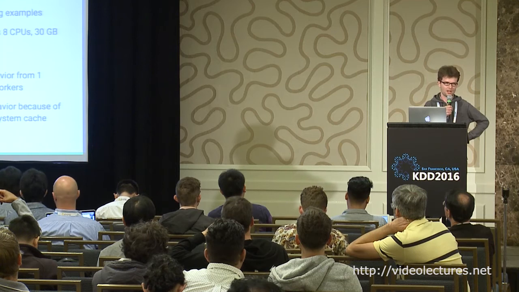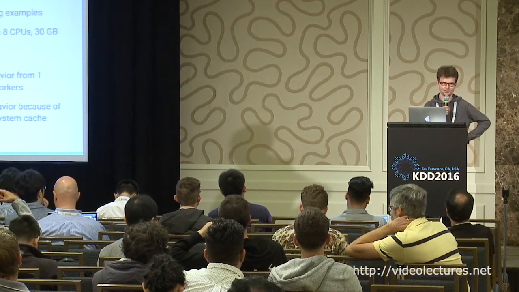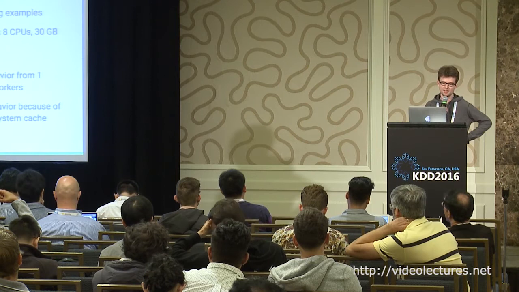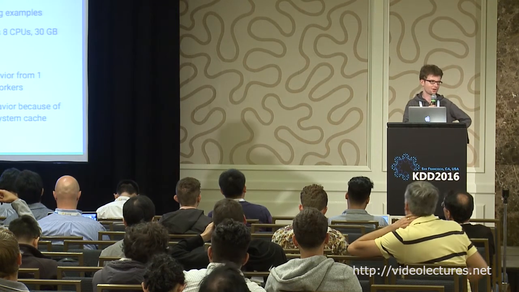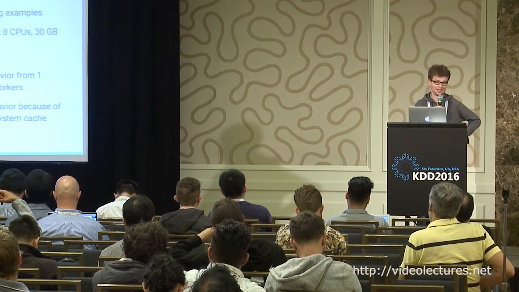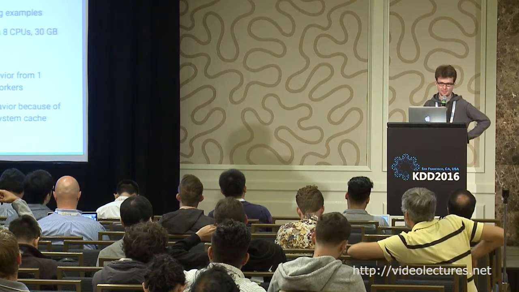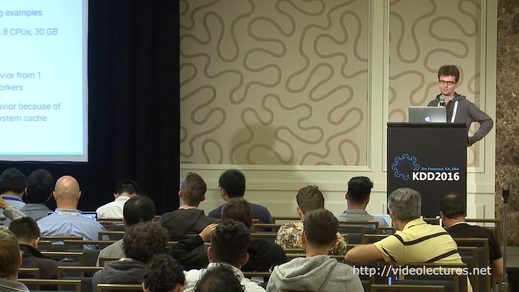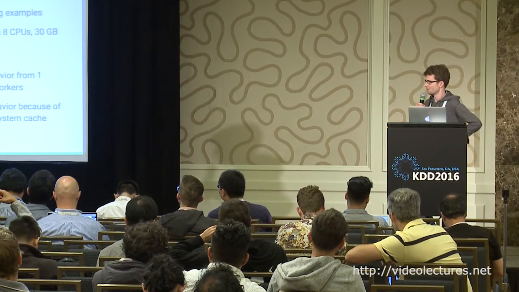And so the more memory you have, the more things you can cache, and the less access to the distributed file system. So it makes sense that in the beginning, increasing the number of workers can give you a nonlinear speedup.